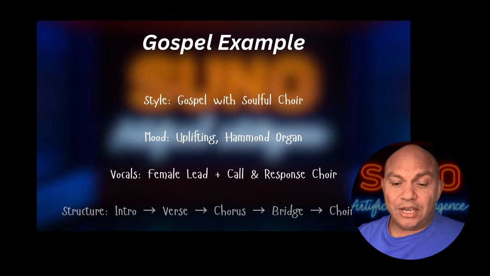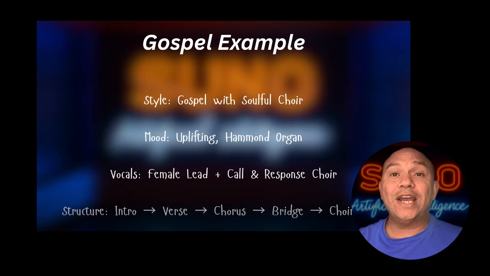Every time you use that, it tells Suno exactly what Suno needs to understand. And then if you want to elaborate on that and make it more specific, you can tweak it a little bit. Let's just say, for example, you want to portray a different outcome. If I was to use gospel, I would add gospel with soulful choir.